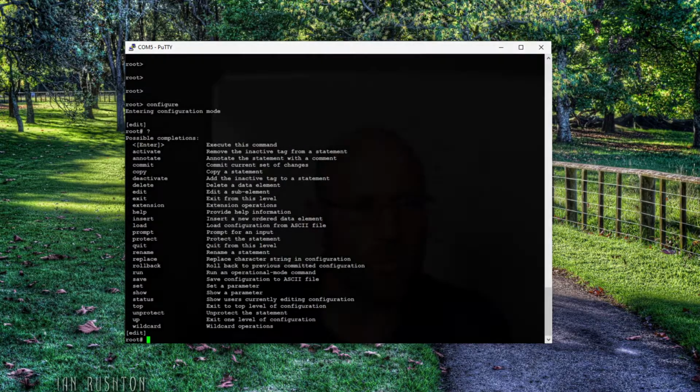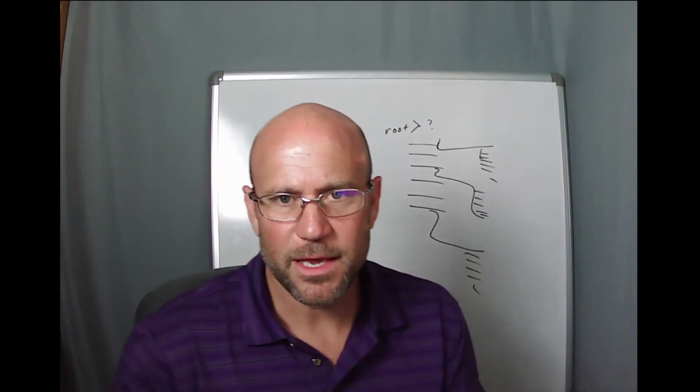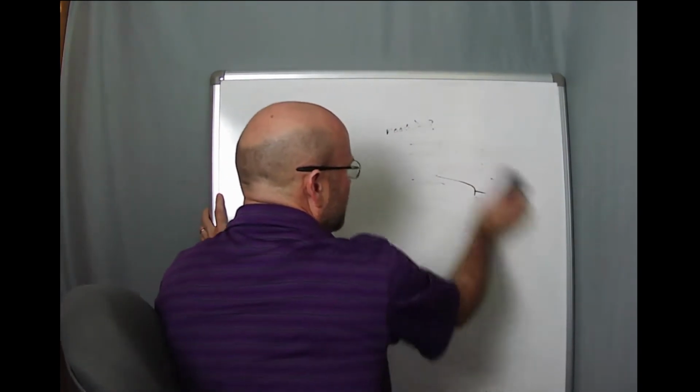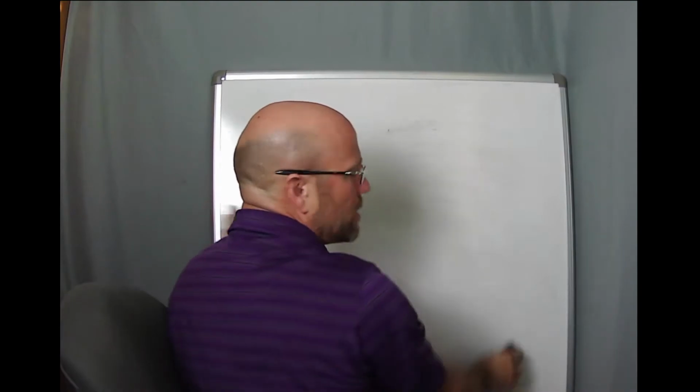Now, there's two different ways to think of the Juniper configuration. It's definitely hierarchical, just like in operational mode for the show commands. In configured mode, the configuration is hierarchical as well. You can access it and configure it in a hierarchical stanza form, or you can do it linearly.